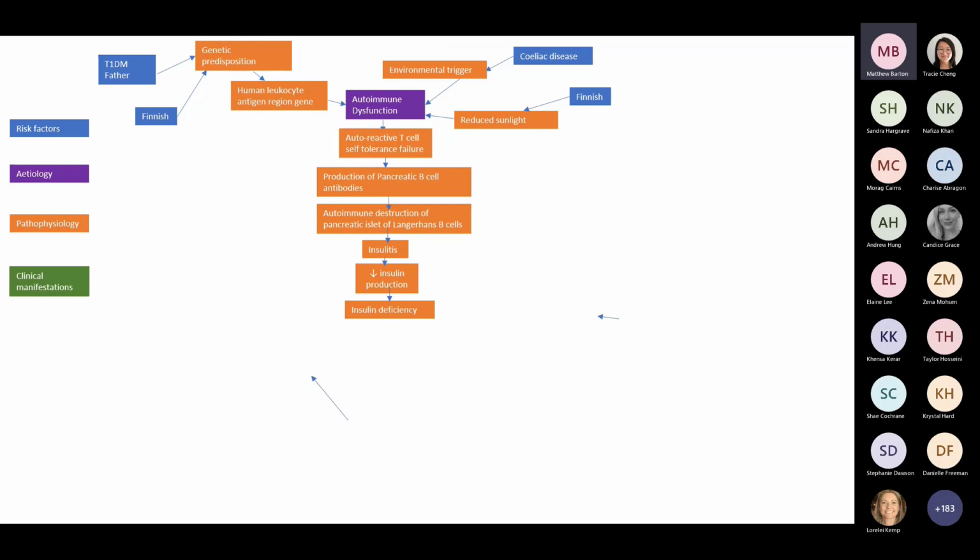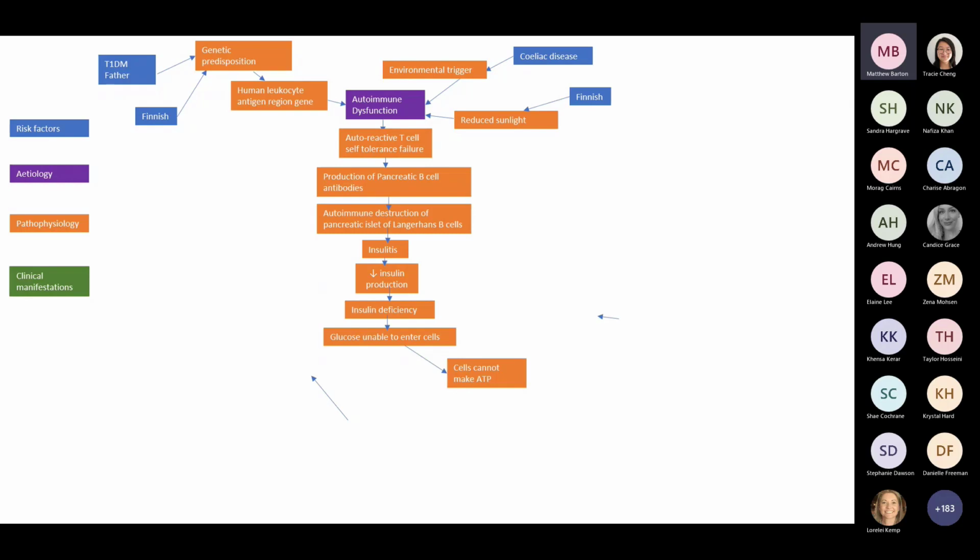Okay, so once we have insulin deficiency, what can't we do? Well, glucose can't enter your cells. So if you can't get glucose into your cells, you can't make ATP. What would you expect to see in a patient if you're not making ATP? We know that ATP is all about energy. So what would you expect to see in a patient?